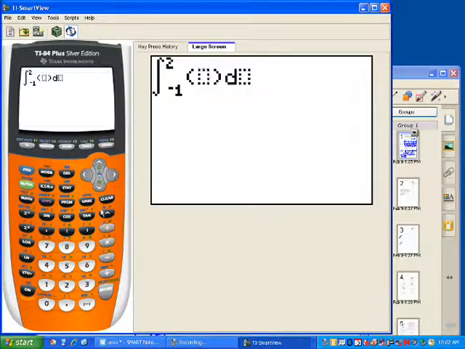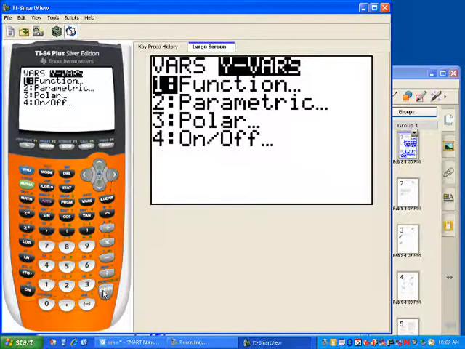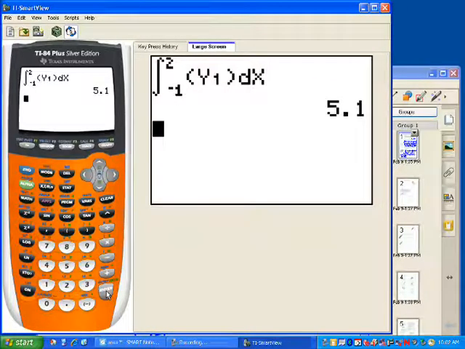Okay, you know how this works. Put in vars y vars. And dx. And that should be what we got for the first one, 51/10. Okay, if that did not come out correctly for you, I would go back and check your y1. Something's wrong with your y1.